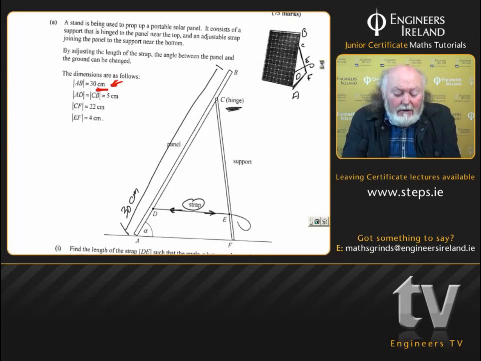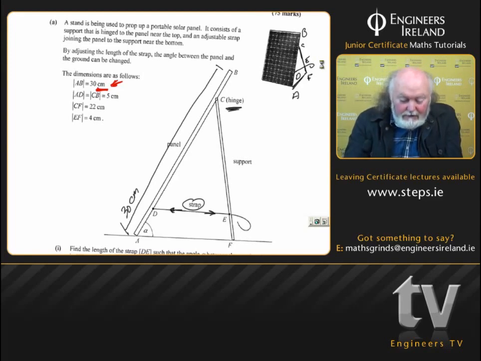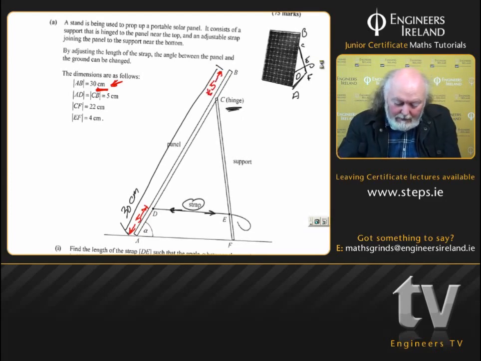I have a habit of marking a dimension on the question itself, just so that I don't forget towards the end of the question. So that's 30. We're also told that A to D, which is the same as C to B, is 5. So we've got 5 here, centimeters of course, and we've got 5 here, and that leaves 20 in here.